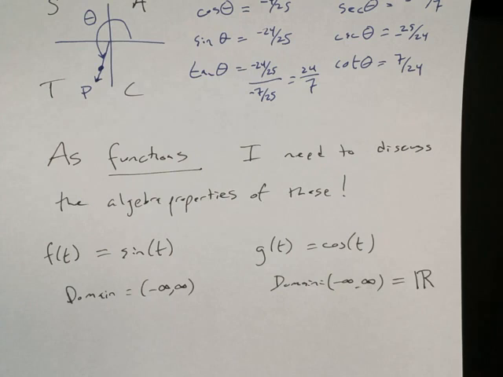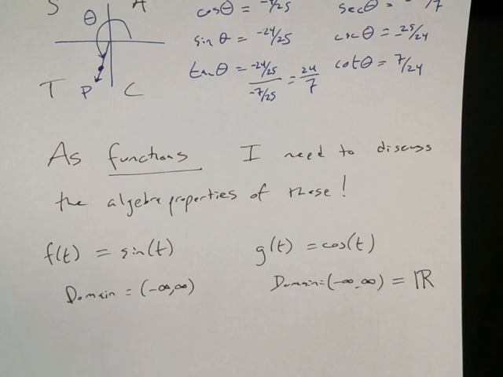What comes out of these functions? What set of numbers are the outputs, cosine and sine? Remember that I'm going to get a point on my circle. Between -1 and 1.